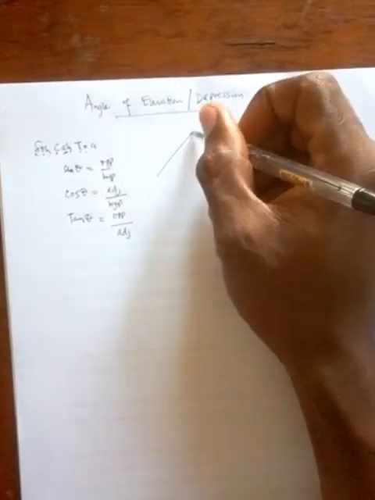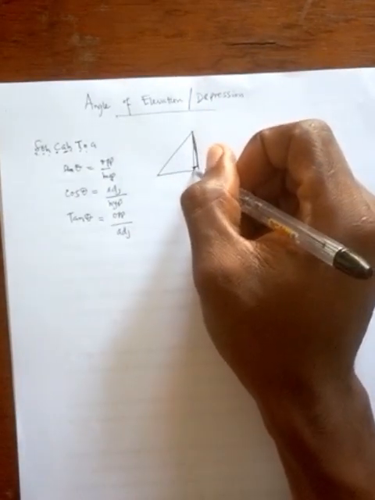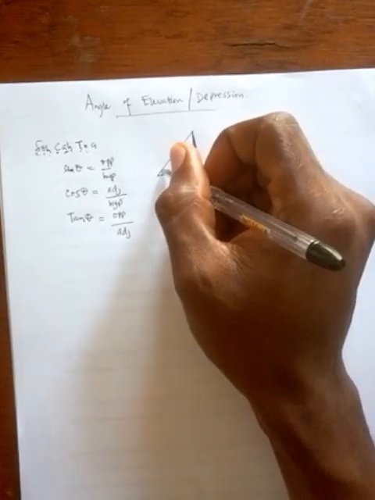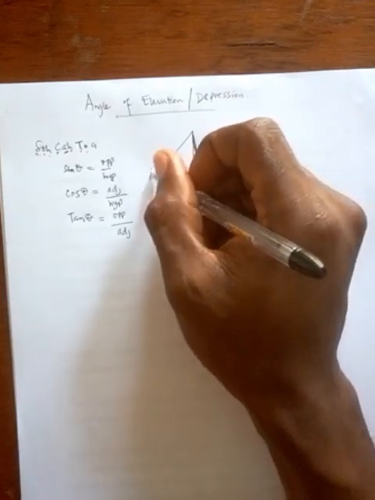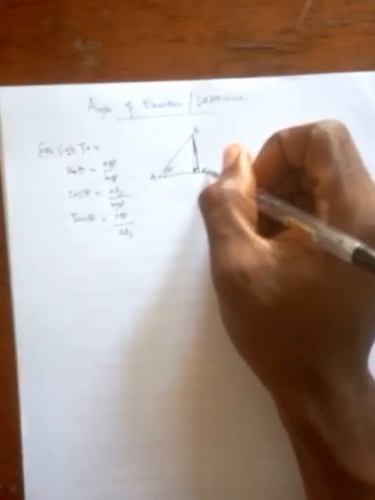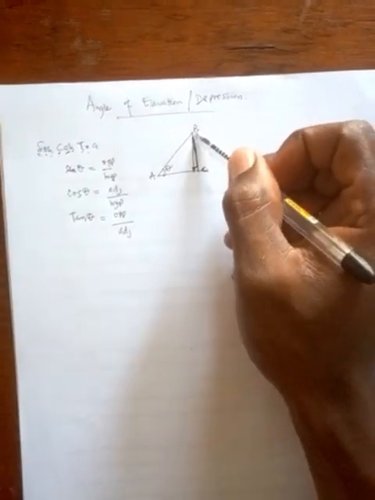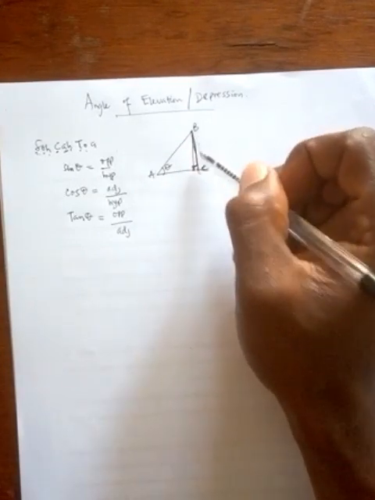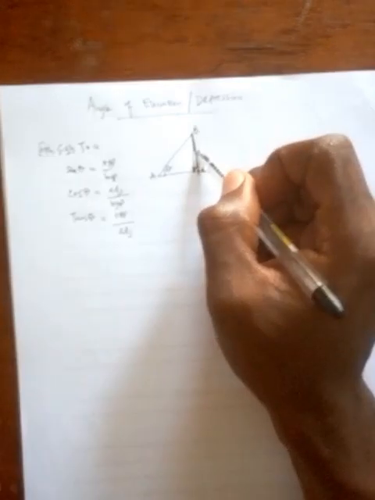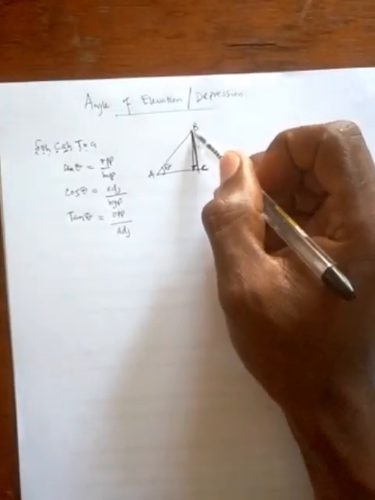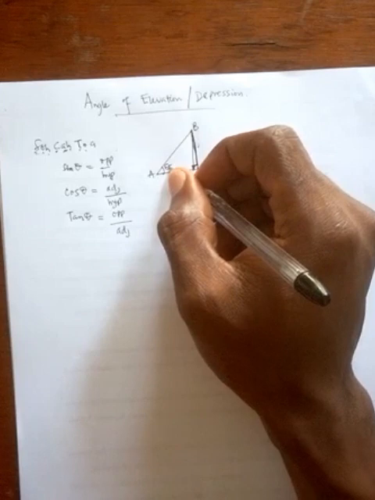So if you have a right angle triangle, this is your right angle, 90 degrees, and let's say this is our angle of reference. Let's call this A, B, and C. Side BC is the opposite of this angle theta.